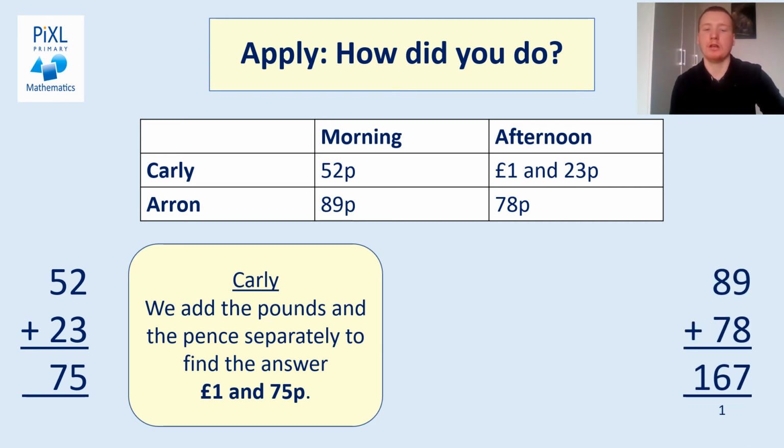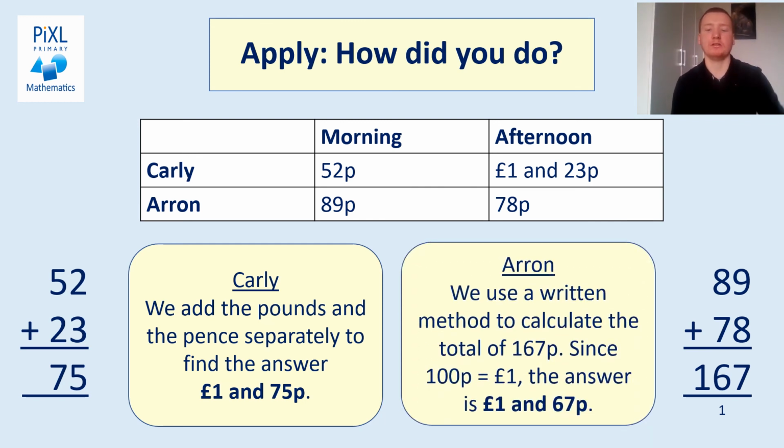Aaron, we've got no pounds in the morning or afternoon, so we're just adding pence here, and don't forget to convert and change it to pounds and pence at the end. So if we look at what Aaron did in the ones column, 9 add 8, so 9 in our heads, and we count on 8: 9, 10, 11, 12, 13, 14, 15, 16, 17.